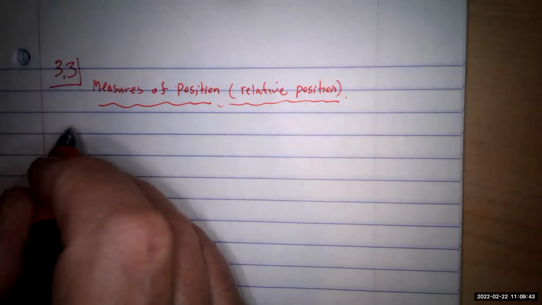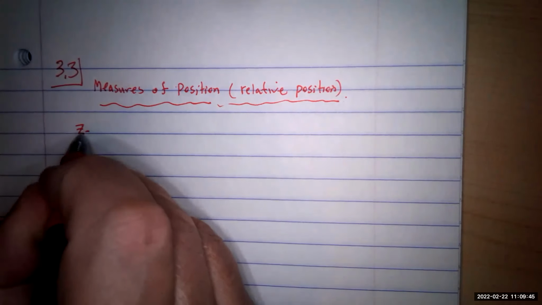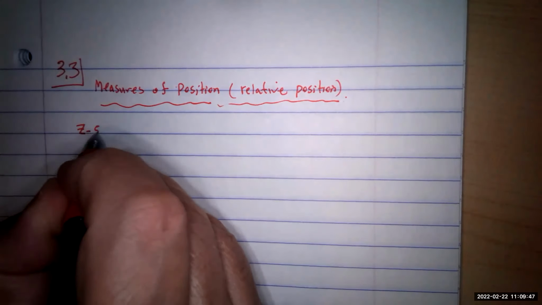In the language of algebra, that was the variable X, and we are going to introduce a new variable. That new variable is going to be called a Z-score. What is the Z-score?